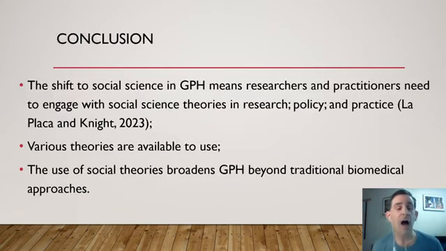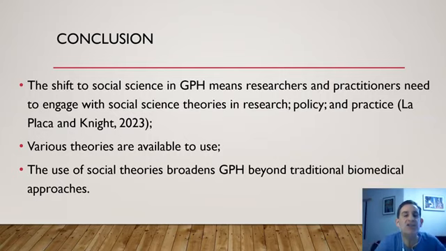So just to conclude then, the shift to social science in global public health means researchers and practitioners need to engage with social science theories in research, policy and practice. Global public health goes beyond the traditional biomedical view of physical bodies, physical health.